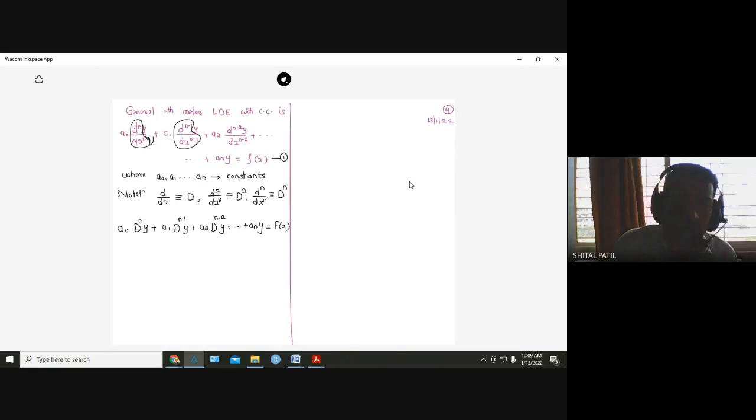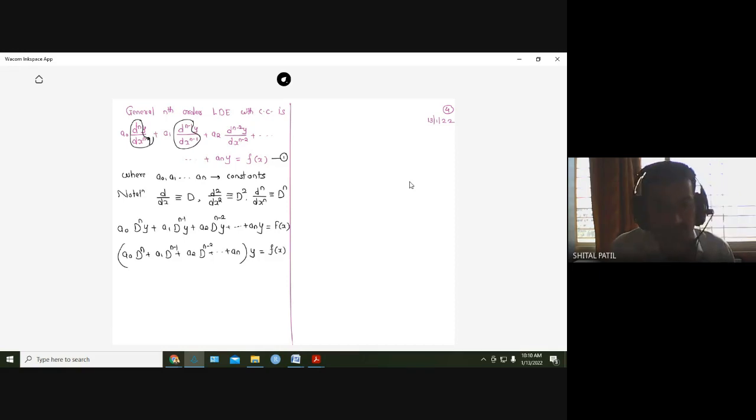Now from the left side, I can take y common: D raised to n plus a1 D raised to n minus 1 plus a2 D raised to n minus 2 and so on up to a n, times y equal to f of x.